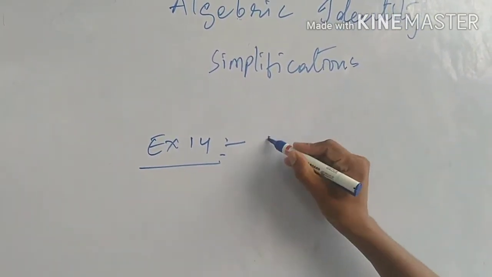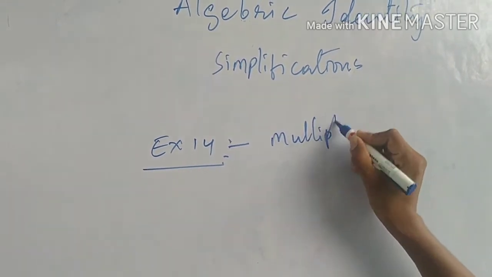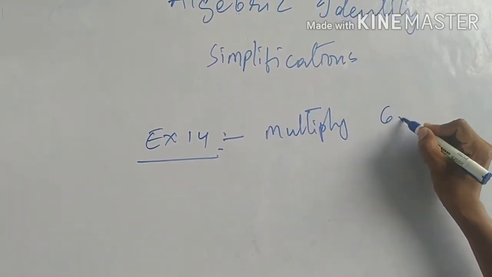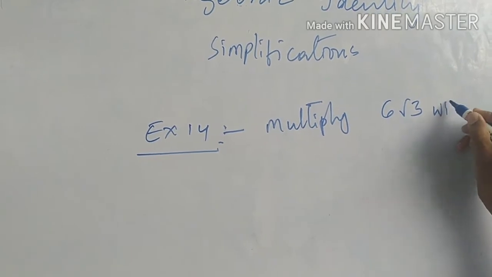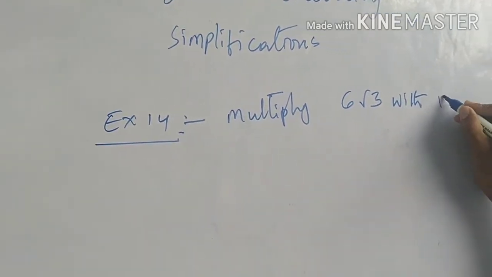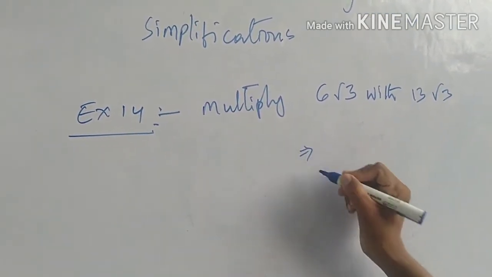Next our question is multiply 6 root 3 with 13 root 3.